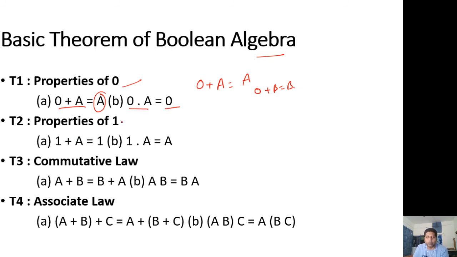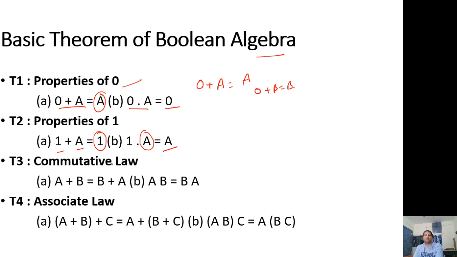Now second, properties of 1. अगर किसी भी वेरिएबल को हम लोग 1 से ऐड करते हैं तो हमारा आउटपुट 1 आएगा. अगर 1 dot A, किसी वेरिएबल को 1 से मल्टीप्लाई करें तो हमारा वेरिएबल सेम आएगा.